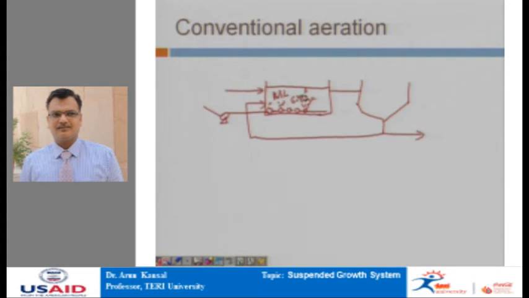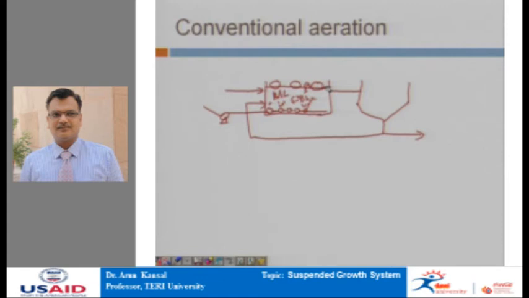Or many a time we use mechanical aerators, most of which are surface aerators, which are mounted on the surface and rotate at a very high speed, creating turbulence in the water, which helps in the mixing as well as aeration of the mixed liquor. During this period of aeration, adsorption, flocculation and oxidation of organic matter take place.